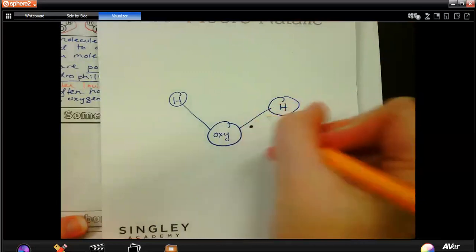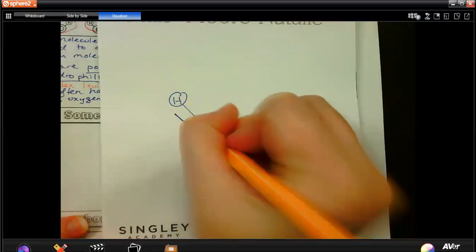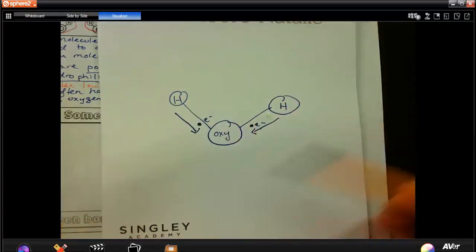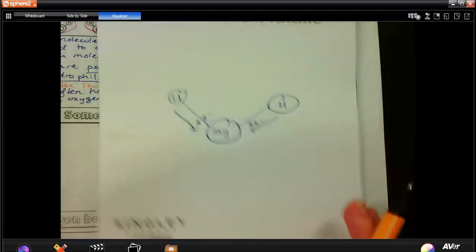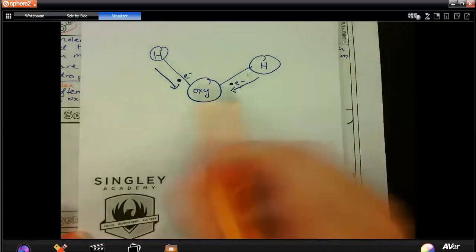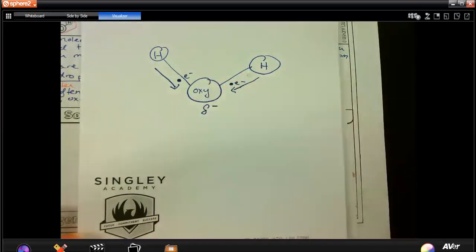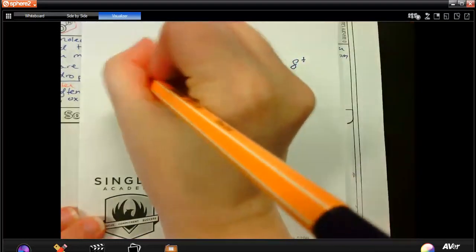So the electrons are pulled towards oxygen. What happens when that happens is, even though it is a covalent bond, the oxygen has more of the electrons around it, and it gets a partial negative charge. And the hydrogens get a partial positive charge.